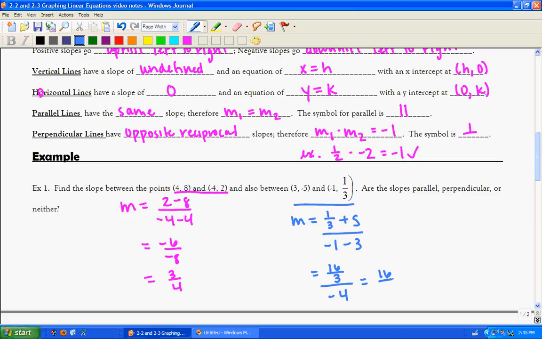So we've talked about how to simplify complex fractions. You multiply by the denominator flipped over. And so if we do that, that would give us negative 4/3. So we've got a 3/4 and a negative 4/3, so these two slopes are perpendicular.